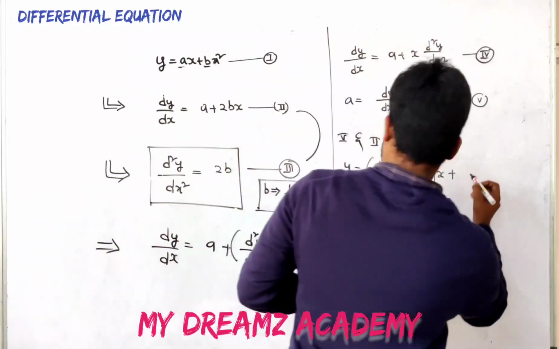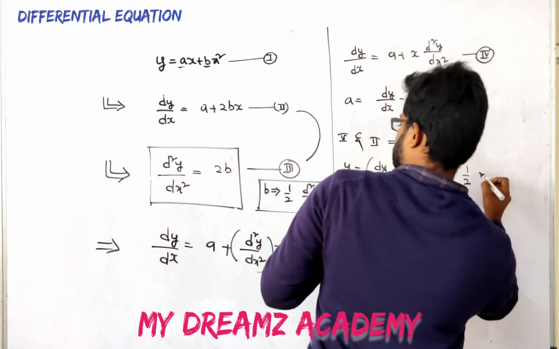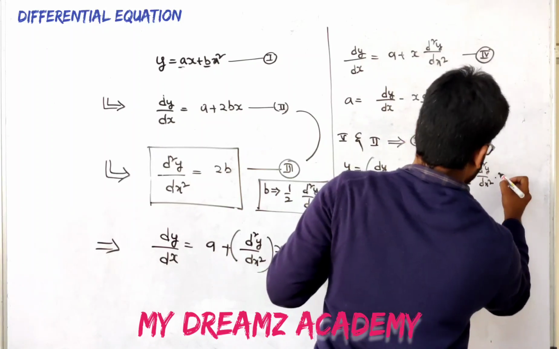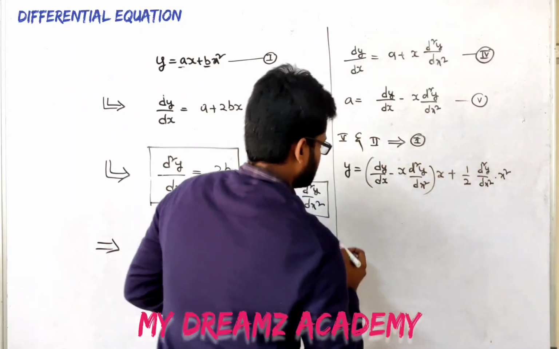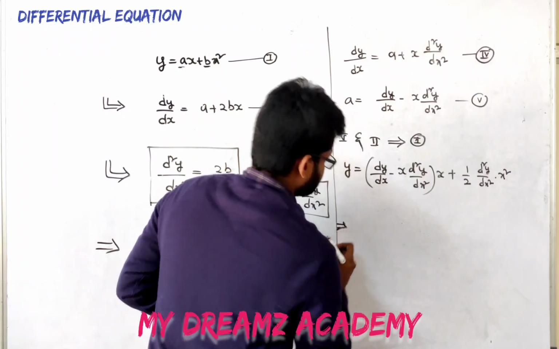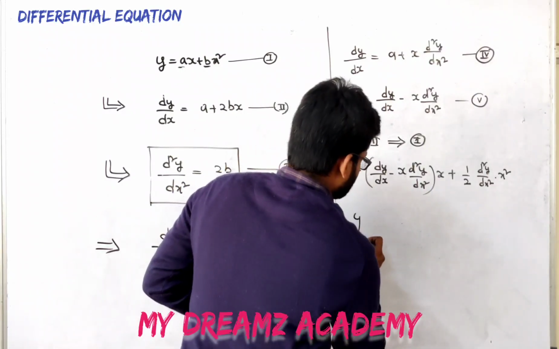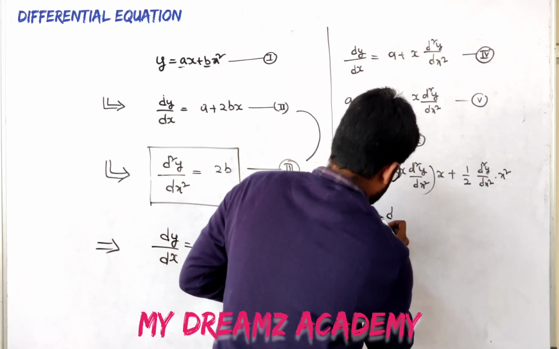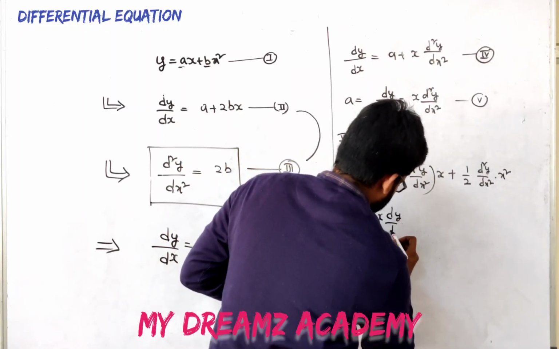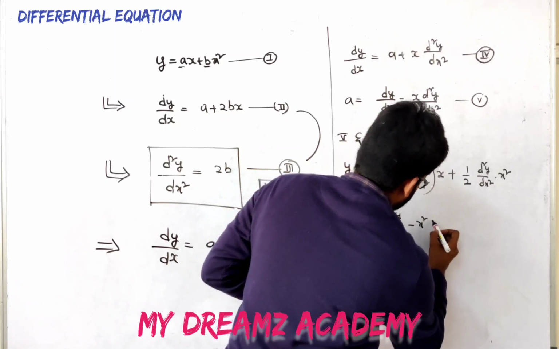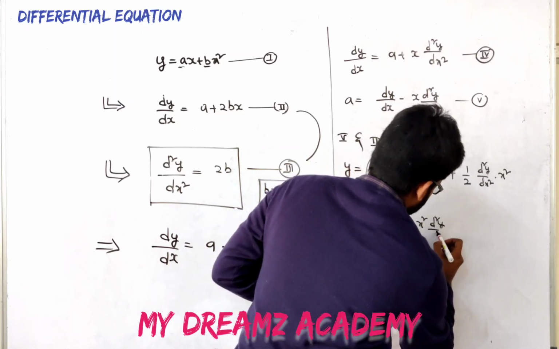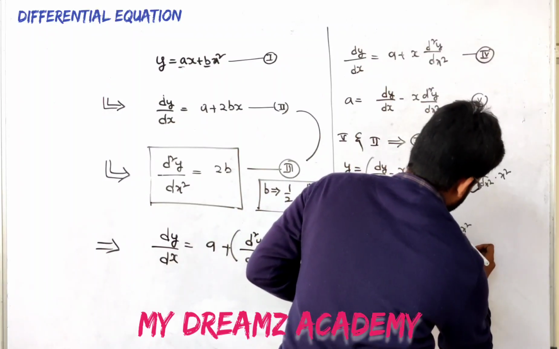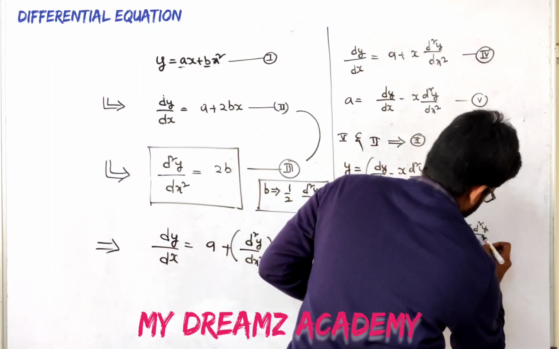Substitute this: 1 by 2 d square y by dx square into x square. To simplify this, y is equal to x into dy by dx minus x square d square y by dx square plus x square by 2 d square y by dx square.